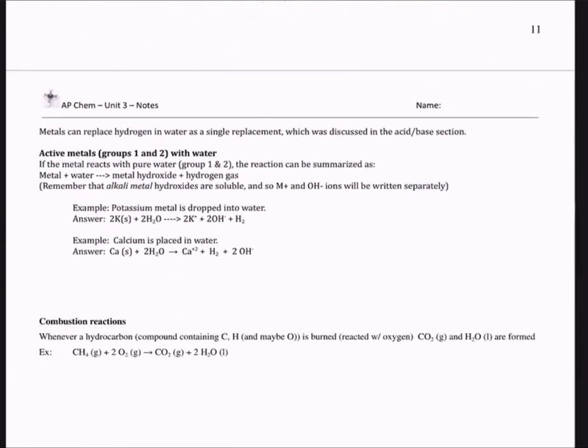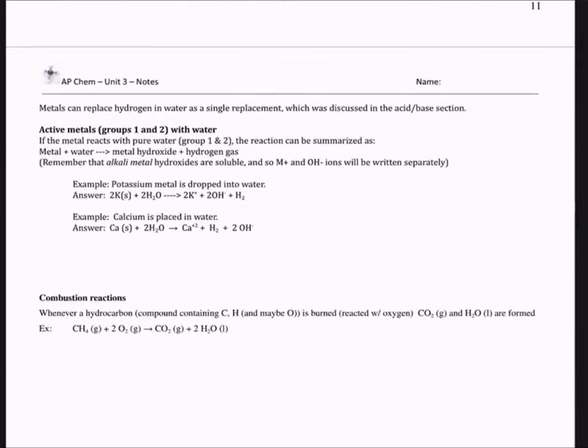All right. Metal reactivity. So there are metals that we call active metals. The active metals are groups 1 and 2. Alkali metals, lithium, sodium, potassium, rubidium, and earth metals, so magnesium, calcium, strontium, and so on. Now these are called active metals because they easily react with water and air.